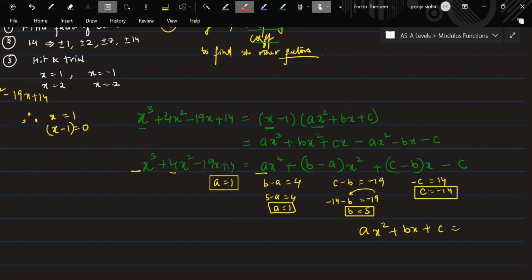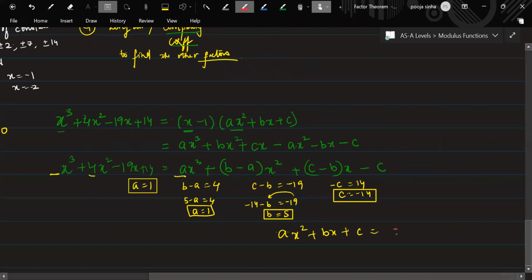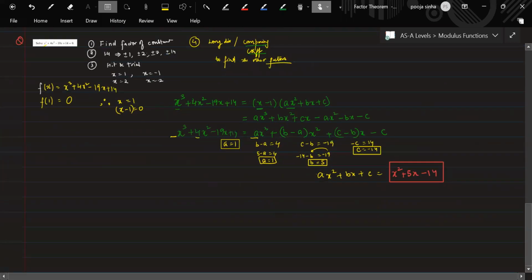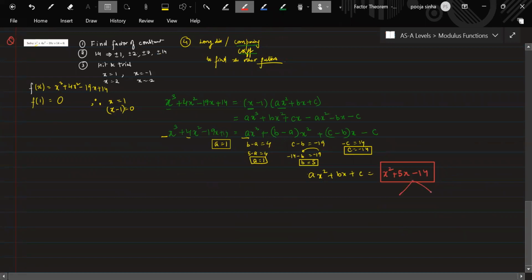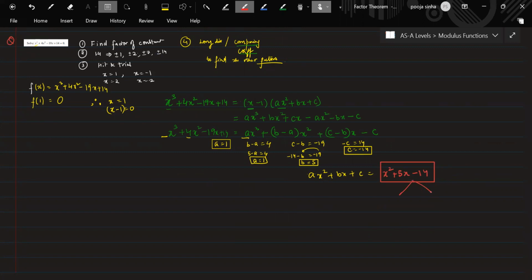That is equal to x square plus b, which is how much, plus 5x minus 14. Right? But the work is still not finished. You still have to make factors of this. Okay? Clear? Only then will your work be complete.